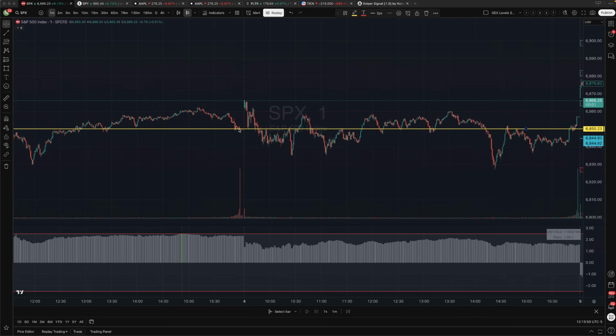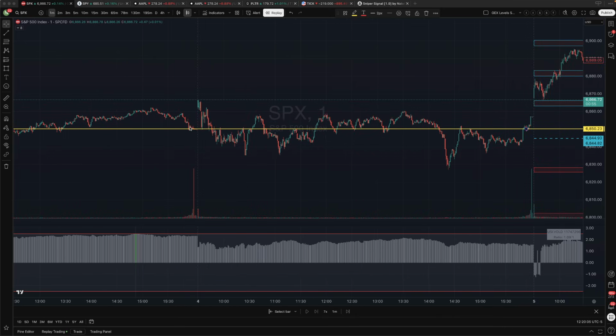So I have a trade that I take every day at 1:30, where I trade the biggest gamma exposure level as long as we're in a positive gamma environment. I'm generally risking maybe $200 per contract for a $900 win.